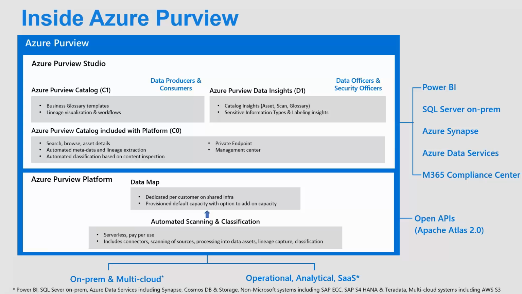So you have no option of selecting the different levels that are mentioned here, like the C0 level, which is the Purview catalog, including the platform, the C1 feature or license level that contains the business glossary on top with the lineage with visualizations, and the D1 feature set would be the Azure Purview data insights. So currently in preview, it's the all-in-one set.